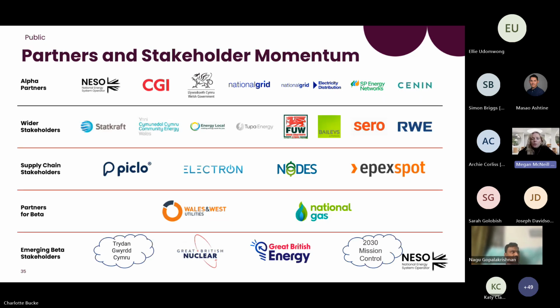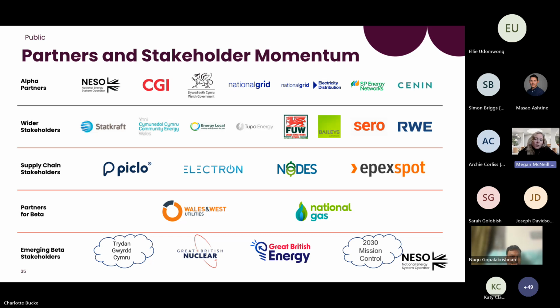The project consortium in the alpha phase and this phase is made up of the Welsh Government, CGI, who is our developer partner. We are also working with the renewables developer Cennin, and with the electricity network partners for Wales. Wales has 2 DNOs, so we're working with both SPEN and NGED.